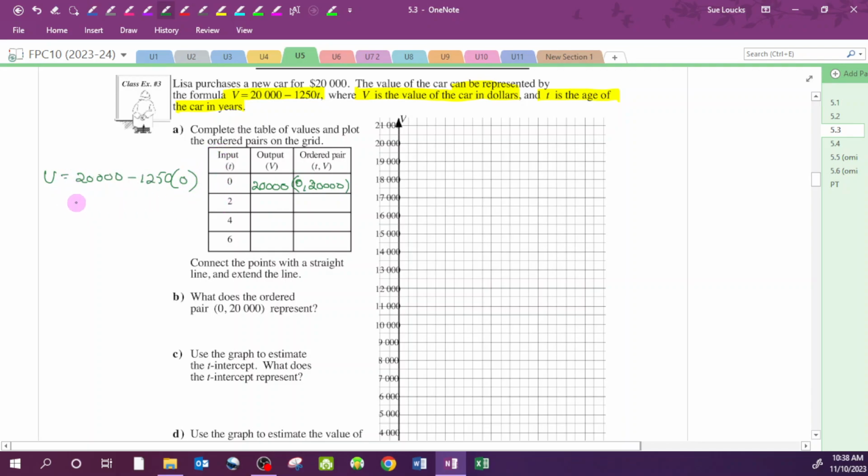And then if it's after 2 years, we have 20,000 minus 1250 times 2. So I get that on my calculator, and I get 17,500. So my ordered pair is (2, 17,500). Brackets around it. 20,000 minus 1250 times 4, and that gets me 15,000.